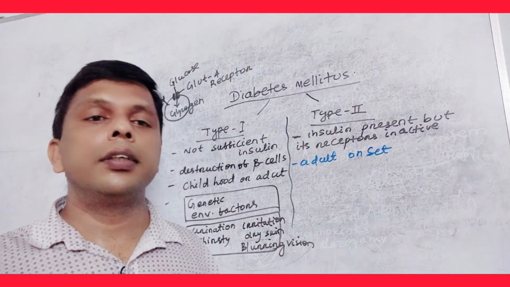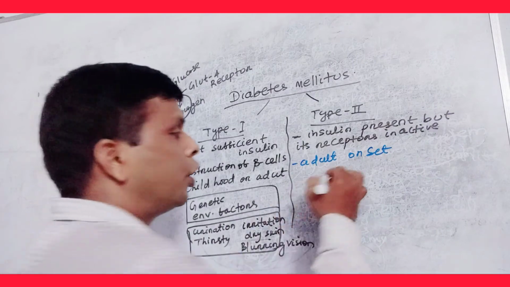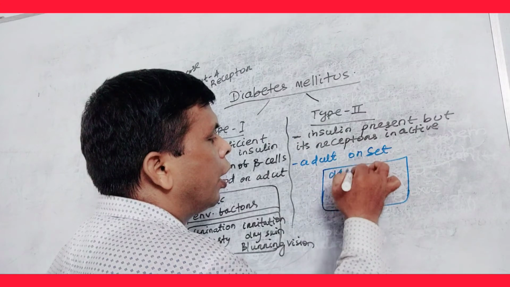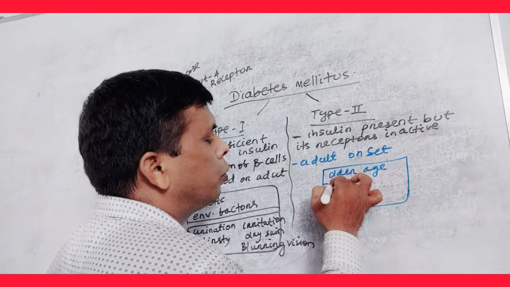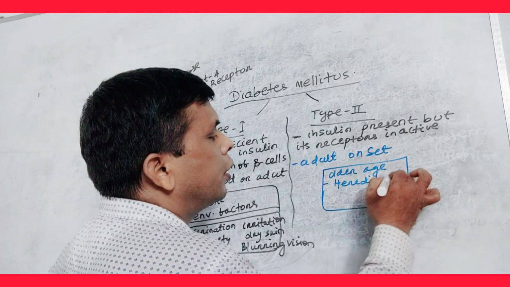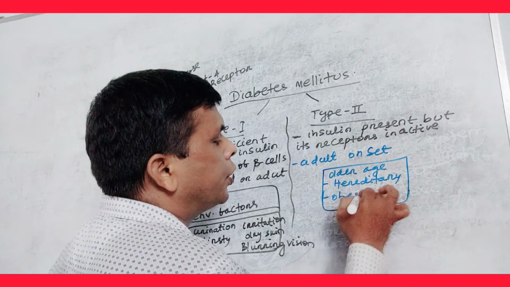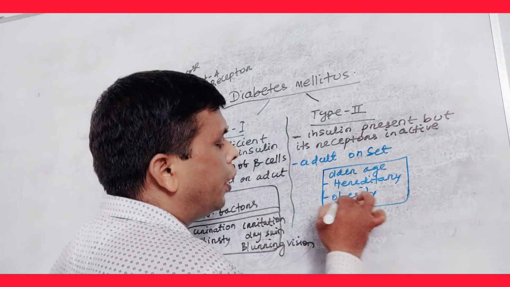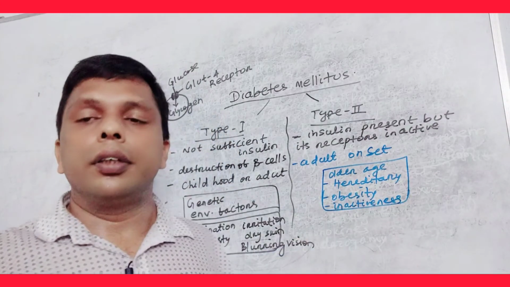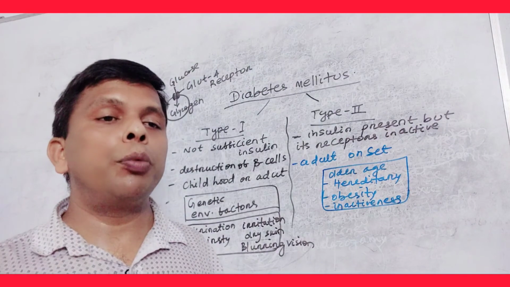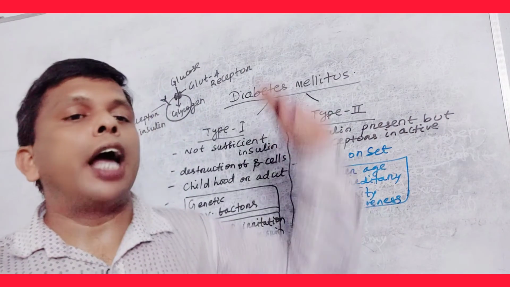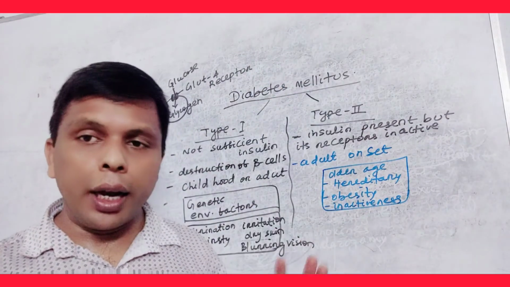Older age, family history, hereditary effect, obesity, inactiveness, that means not performing exercise, and less glucose metabolism in the body. Type 2 diabetes mellitus appears.